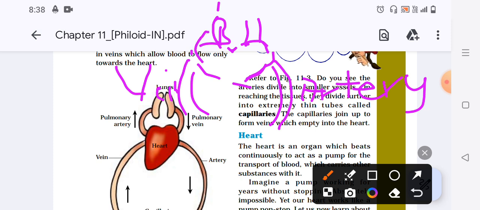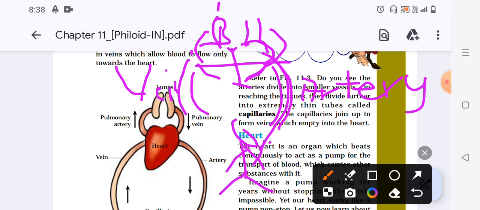The lungs carry oxygenated blood to the heart, and the arteries carry oxygenated blood to all parts of the body. Now, the cells perform respiration and the deoxygenated blood is carried back by the veins to the heart and again into the lungs.